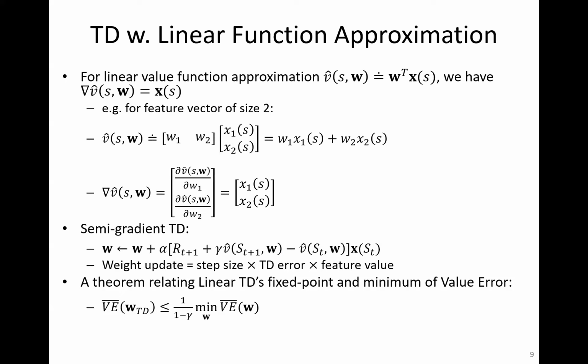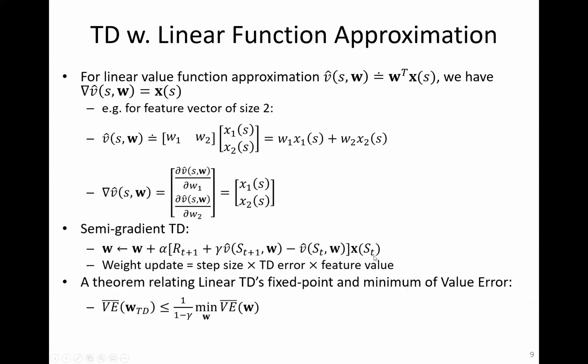So that's the same state with two features, and taking a derivative, taking a gradient on w gives you this. It simply returns the vector x. So semi-gradient with linear function approximation simply has x on the right-hand side.